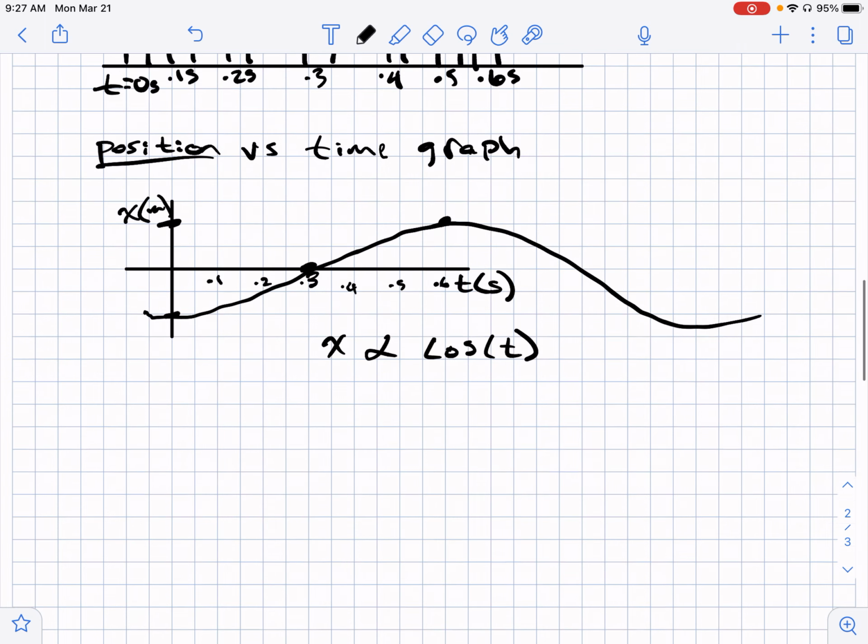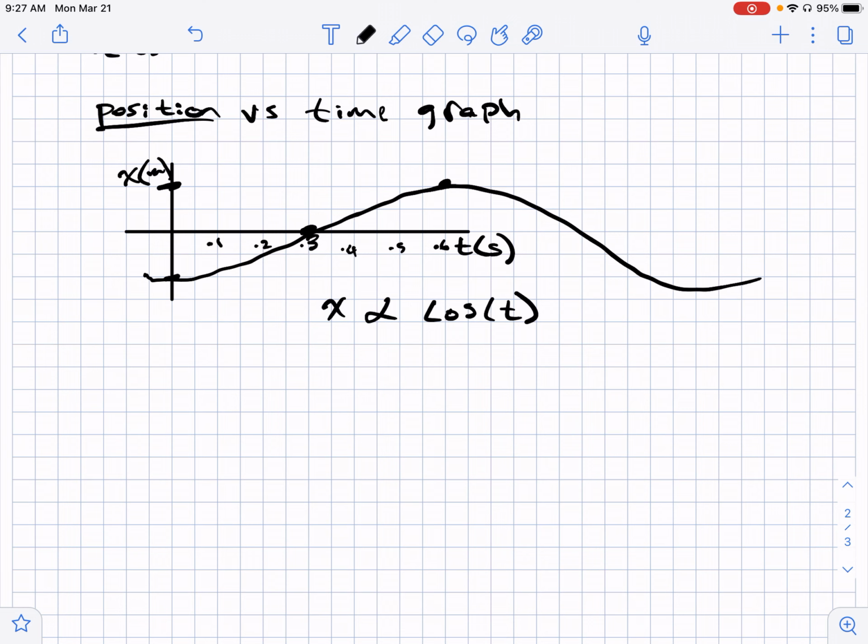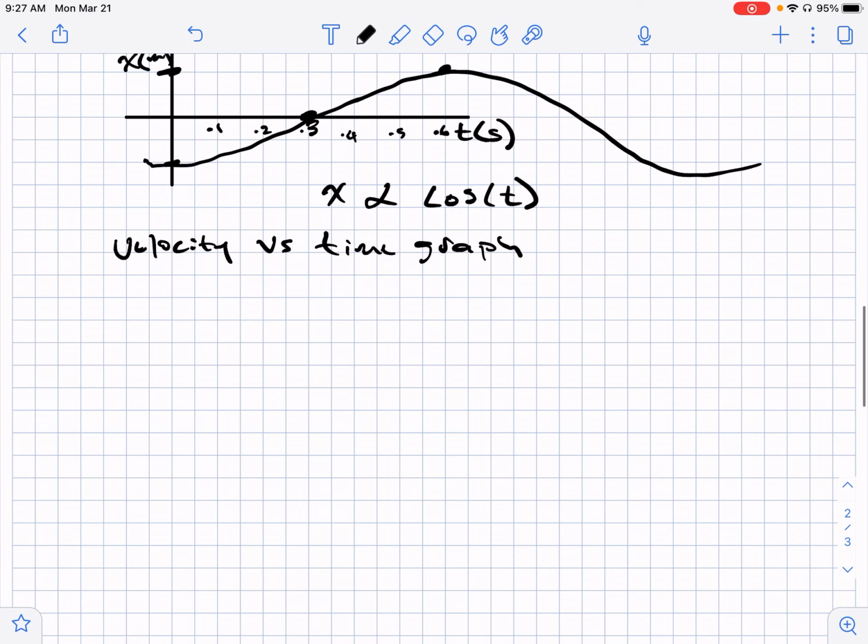Now let's look at a velocity time graph for this same situation. So let's draw our graph here. Again, this time it's the velocity.